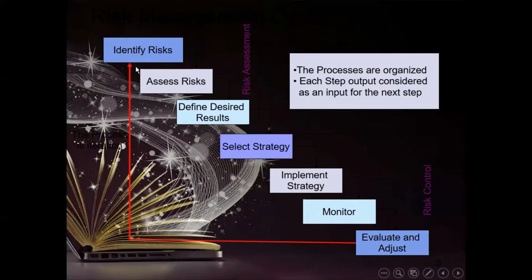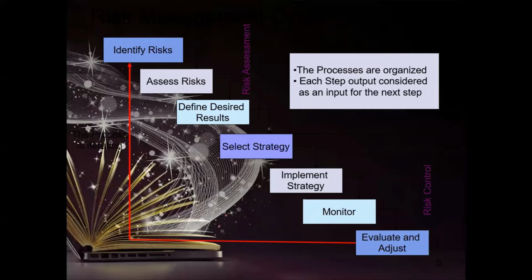Let's understand it through a chart itself. We need to first identify the risk, then assess the risk, and define the desired result. Select the strategy. Strategy will come under the selection of your controls. What are the controls we need to implement? We need to implement a strategy.